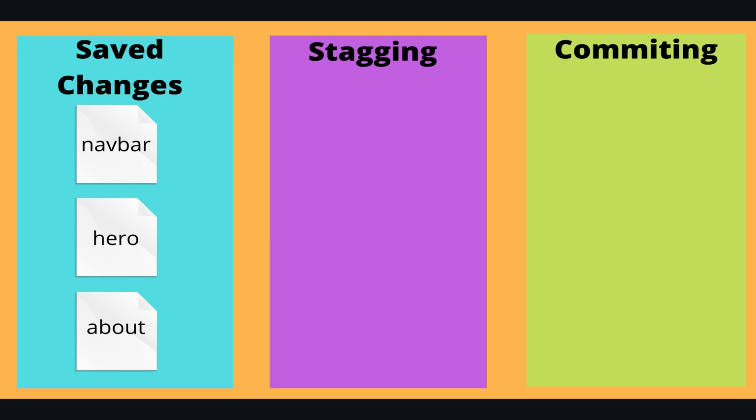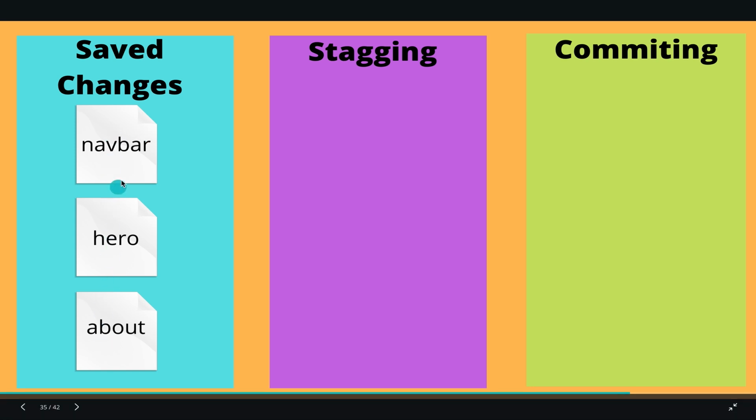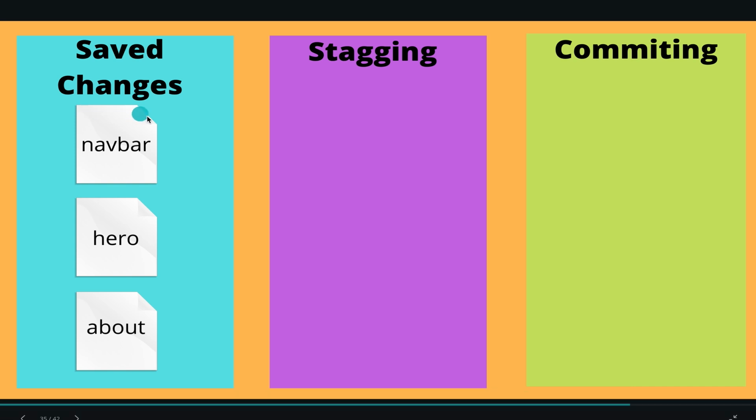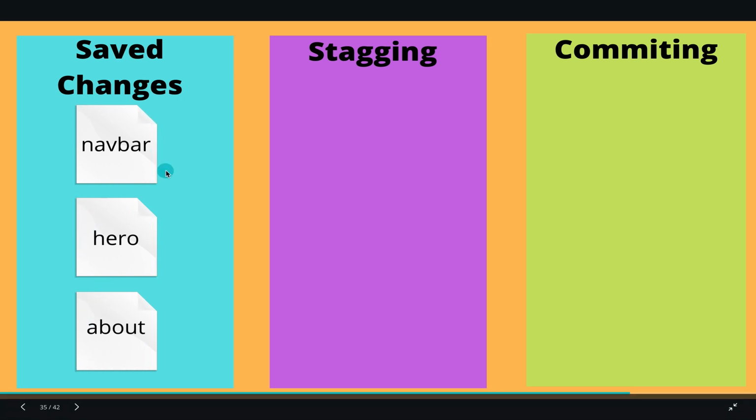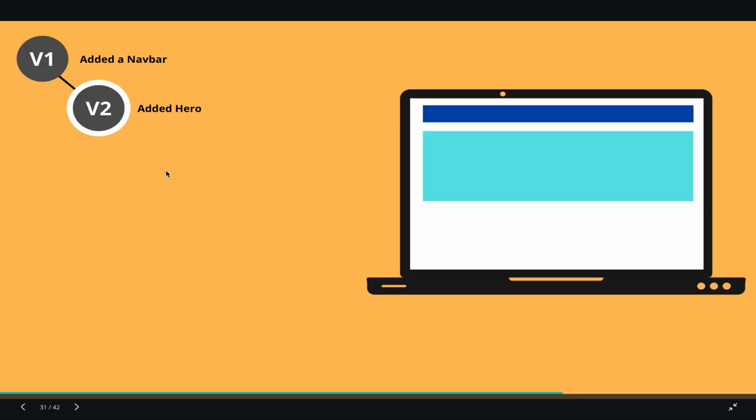Now let's say what we want to do is commit these changes. Well, first of all, we have to tell Git exactly what we want to commit, because we actually don't want to commit everything all at once. What we probably want to do is just commit the navbar first, then the hero, and then the about, so we can create these versions over here.